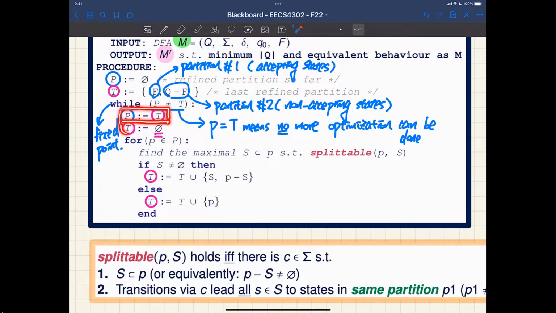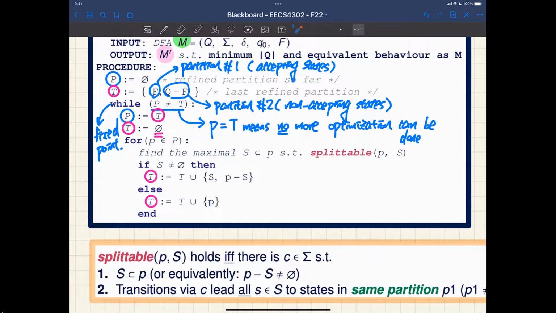Then we're going to see if there's any way we can further optimize the DFA so far. If the resulting T we got turns out to be equal to P, sorry, in that case, that means no more optimization is to be done. That's a kind of symbolic suggestion, but we're going to see exactly how to do it. In every partition, we're going to find a maximal subset such that it's splittable.